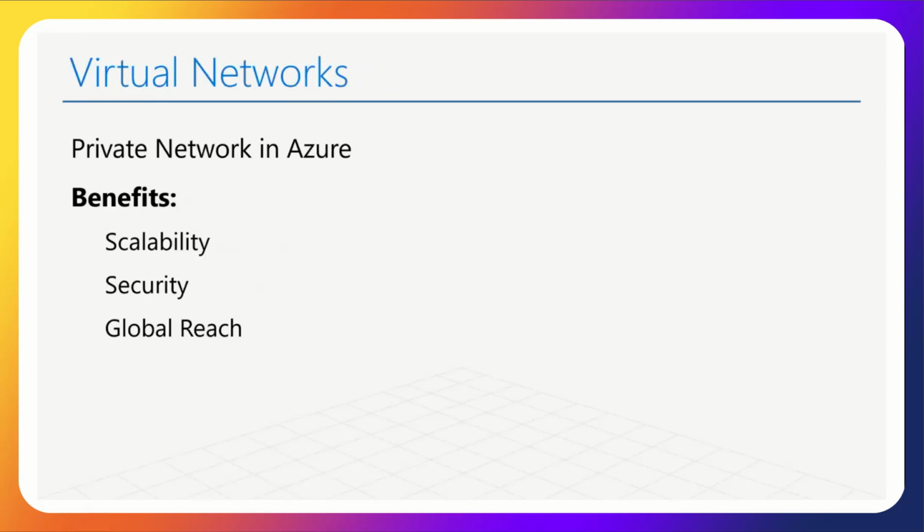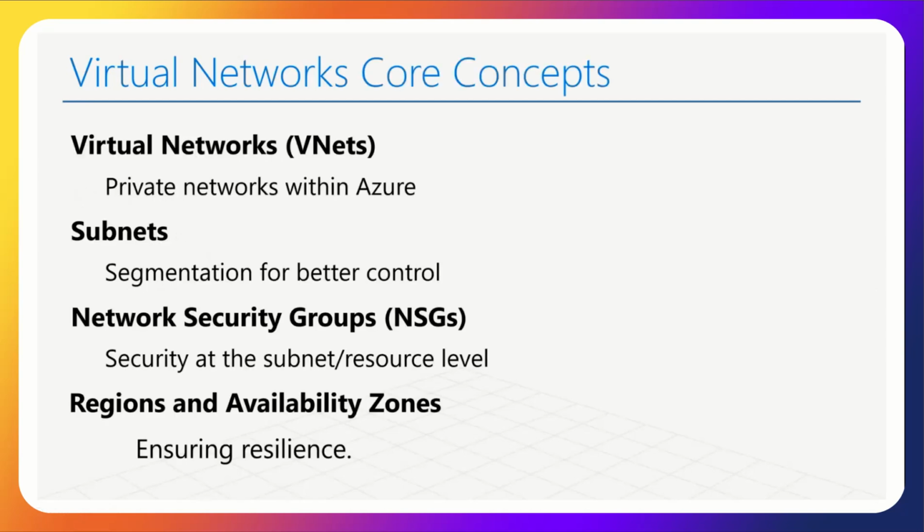So virtual networks are scalable. You can provide security on them and global reach, so you can create them all throughout the world. This title is called networking, and within networking we have virtual networks. You can think of a virtual network as all your machines connected to a hub physically.